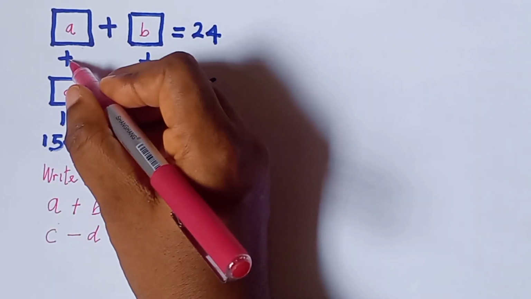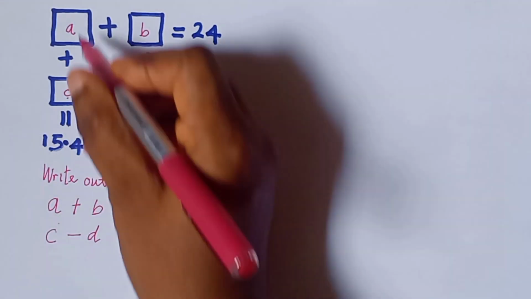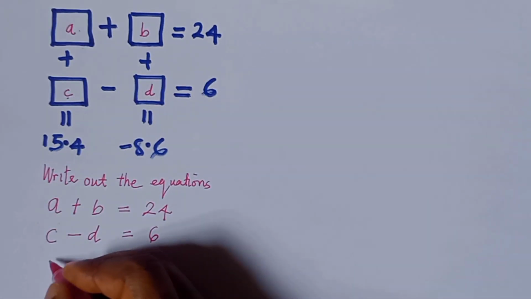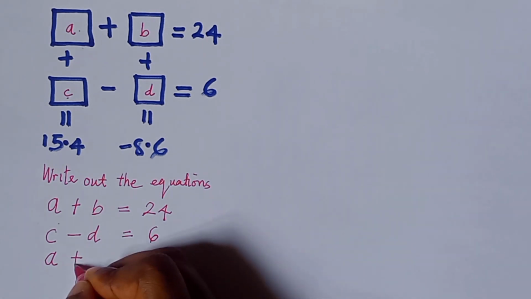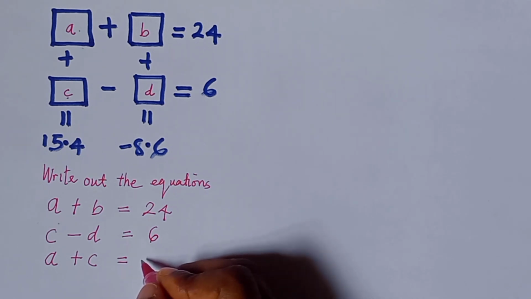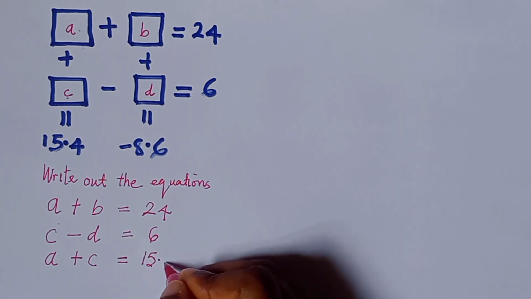And this plus this. So we have A plus C equals this. A plus C equals 15.4.